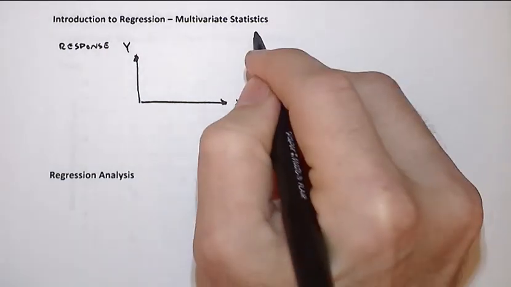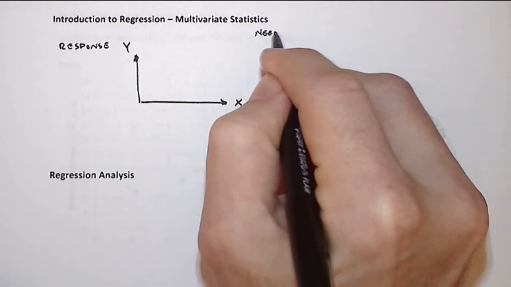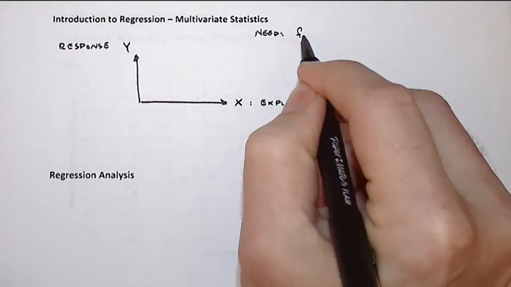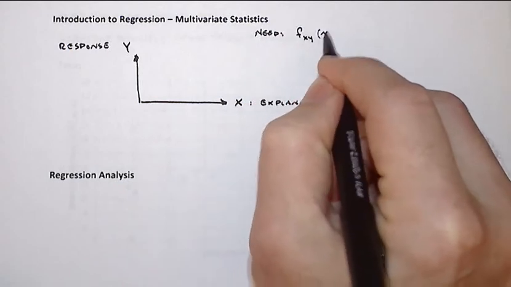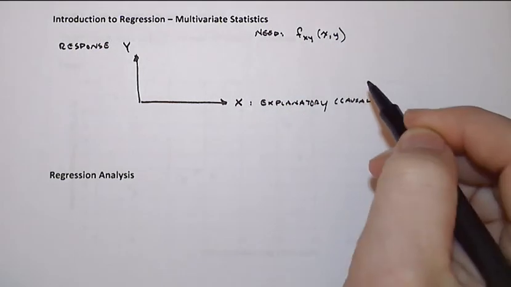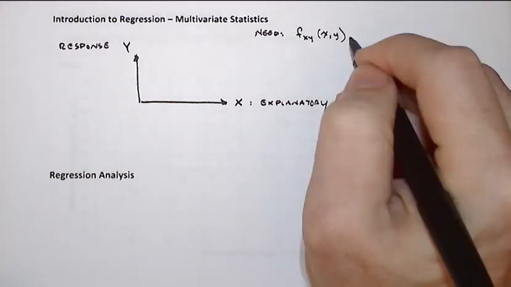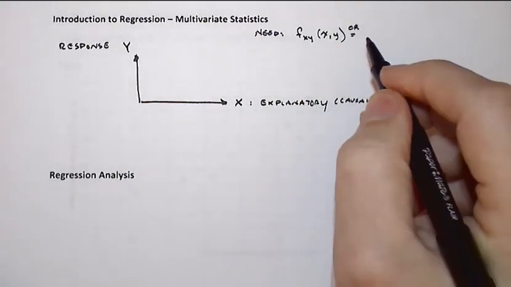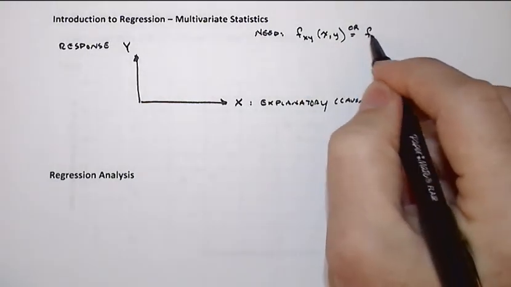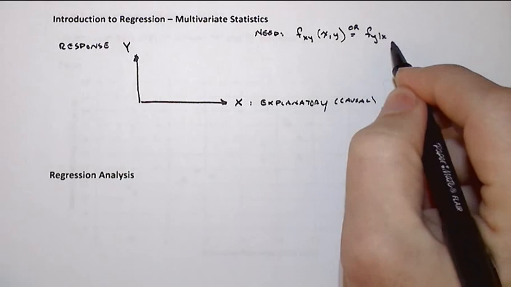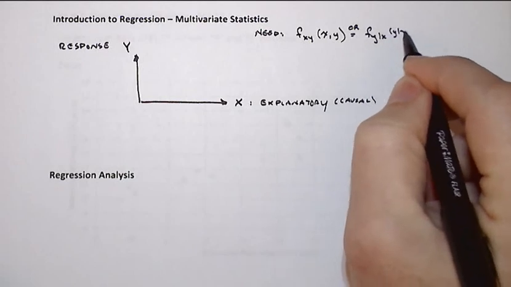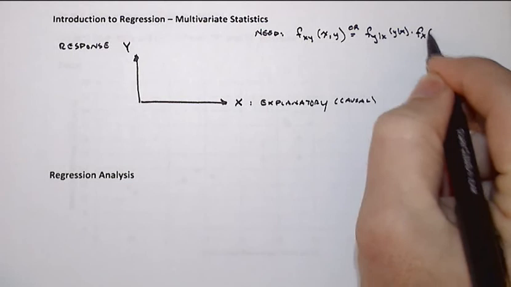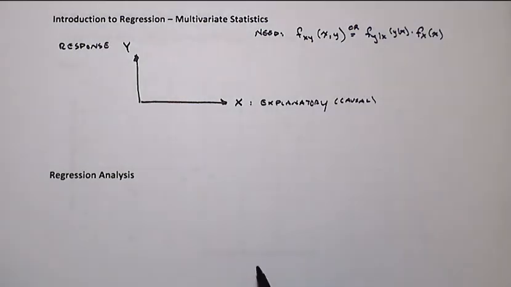Now, from a big picture standpoint of probability, what we really want between these two is the joint density function. That's usually not an easy thing to gather or estimate, so what we oftentimes do is get the conditional distribution of our response variable and then multiply by our marginal distribution.